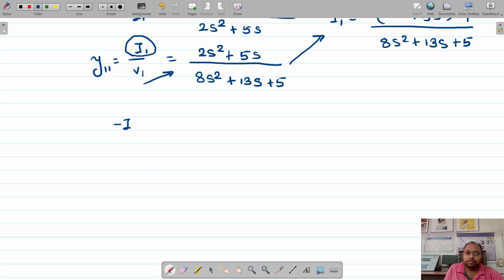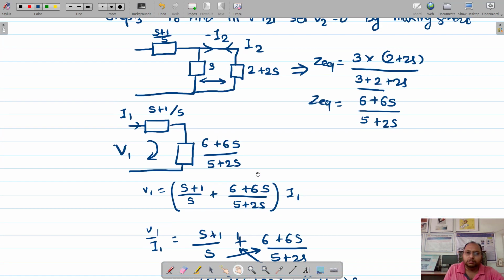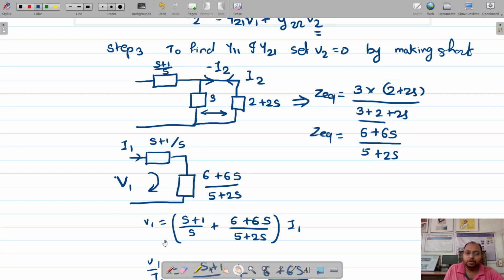Therefore minus I2 is equals to I1 into, now concentrate on that circuit. We are interested to find out the current flowing through this 2 plus 2s, right? This is nothing but your minus I2, isn't it?